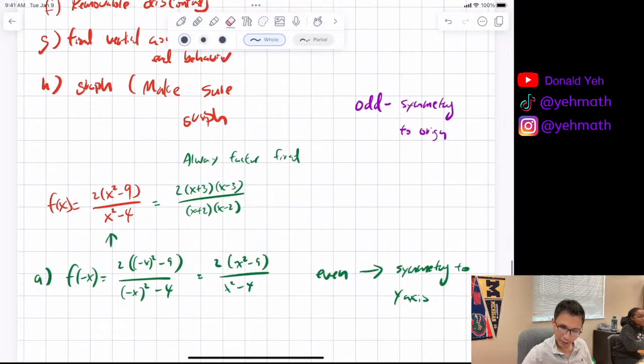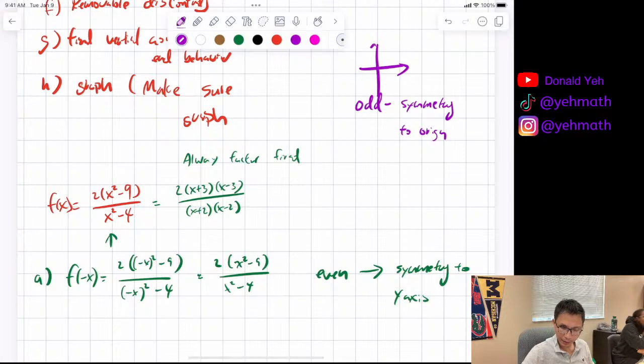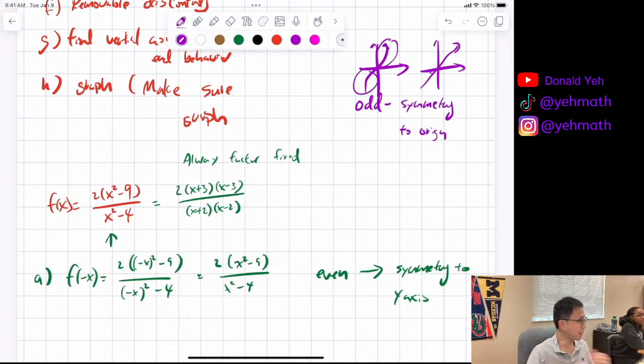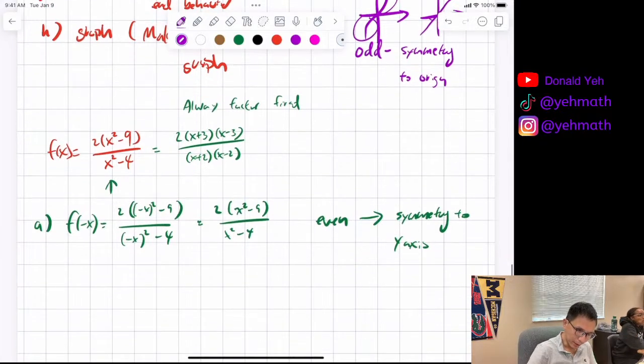So let me give you some examples of origin. It's going to be something like this, something like this, because see this quadrant and this quadrant, they're opposite to each other. Symmetry to y-axis would be first and second, but these are symmetry to first and third, or second and fourth. Is that okay? Okay.